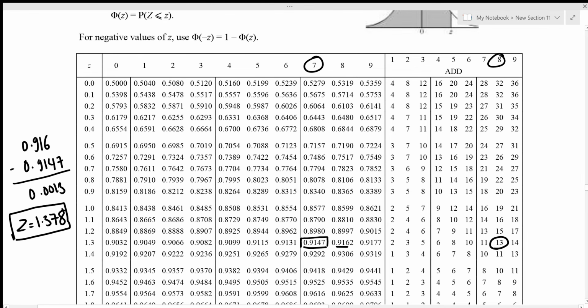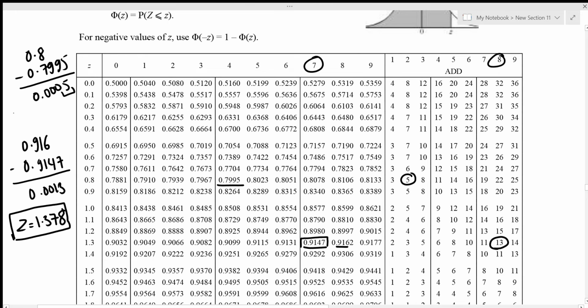Let's look for the probability of 0.80 now. So the closest one is right here, that's 0.7995. Let's figure out the difference for this one as well. That's 0.8 minus 0.7995. That gives us a difference of 0.0005, which means that if 5 is added to this probability value, we'll get the total probability of 0.8. And 5 is given right here.